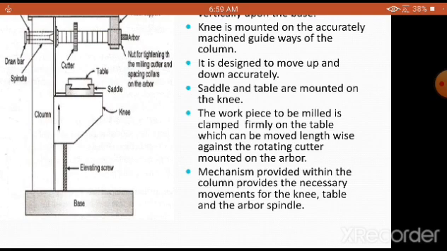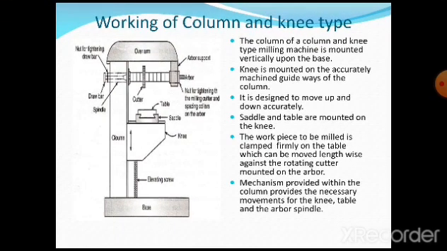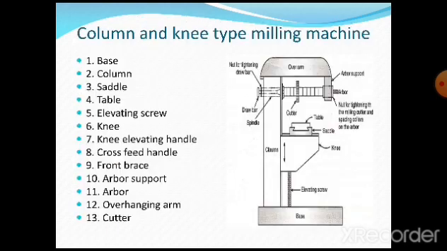The mechanism provided within the column provides the necessary movements for the knee, table and the arbor spindle. Whatever the type of workpiece to be milled, it is held firmly on the table, and the cutter is rotated and the workpiece is fed against the rotating cutter, as you are going to see there.